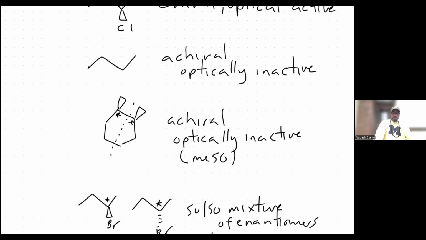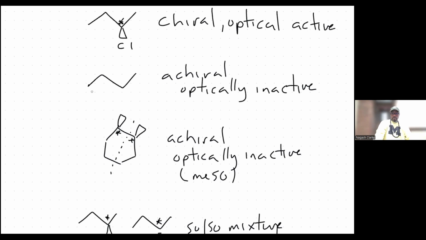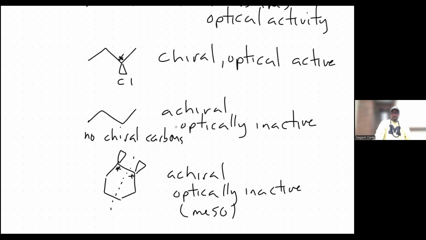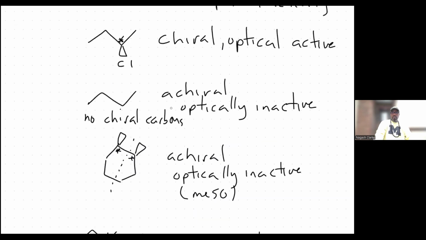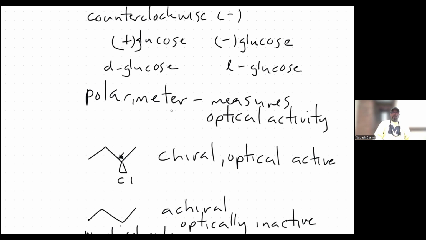Or we can have a compound with no chiral carbons. That's considered achiral and also optically inactive. Or we have a compound with chiral carbons that doesn't have a plane of symmetry, and we consider that chiral and optically active. Okay? So these are different terms when we're talking about stereoisomers, enantiomers, diastereomers.